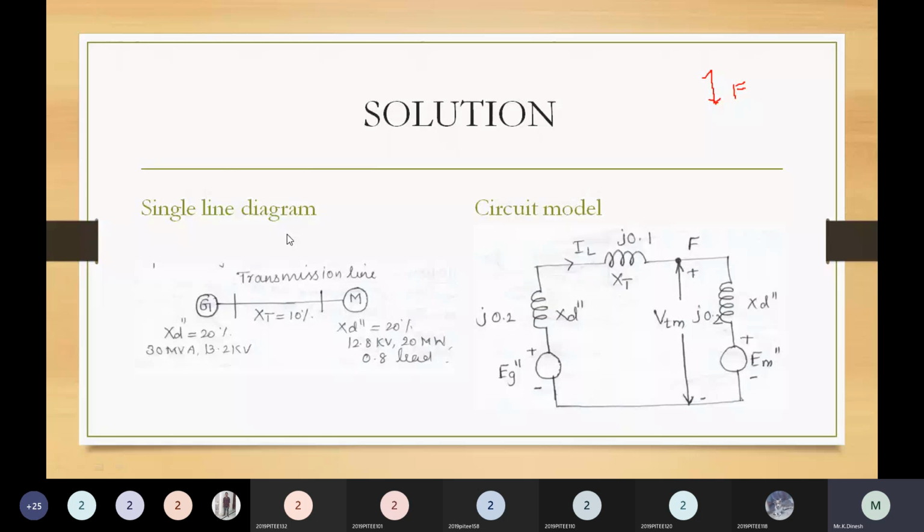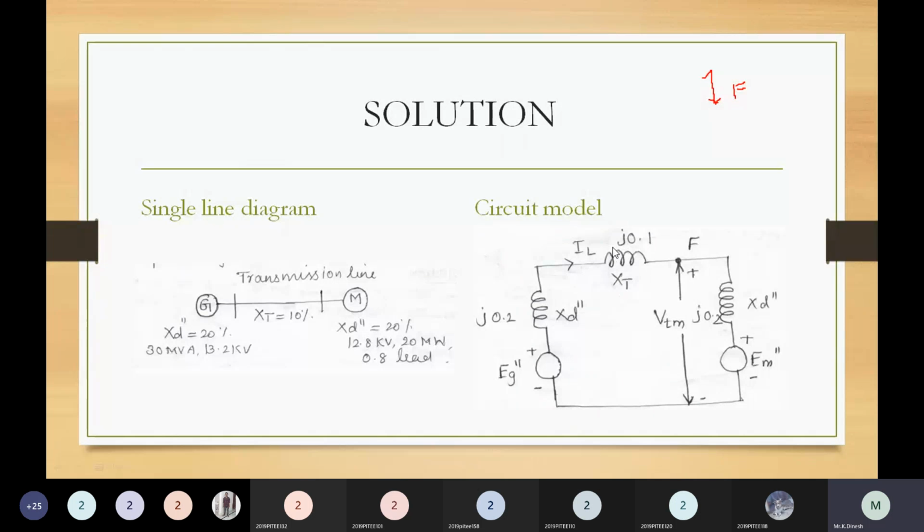So I may represent the single line diagram as a circuit model. The generator EG double dash has a reactance of 20%, j0.2. It is connected in series with the transmission line having the value of 10%, generally represented as j0.1.